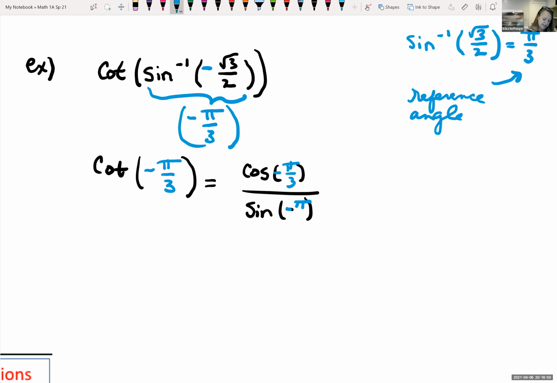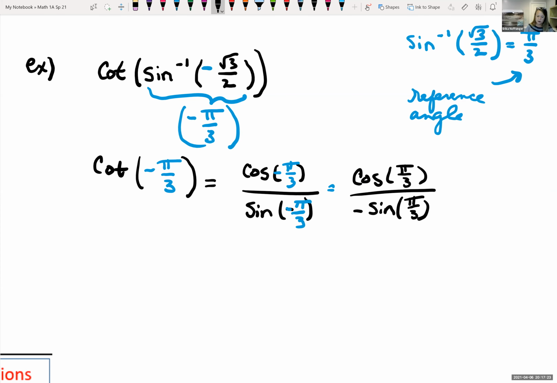I can think of this as even and odd functions. I know cosine is an even function, which means that f of negative x is the same thing as f of x. So this would be the same thing as looking at cosine of pi/3. And sine of negative pi/3, well, sine is an odd function, so f of negative x equals negative f of x. Pull the negative out. So this is negative sine of pi/3.